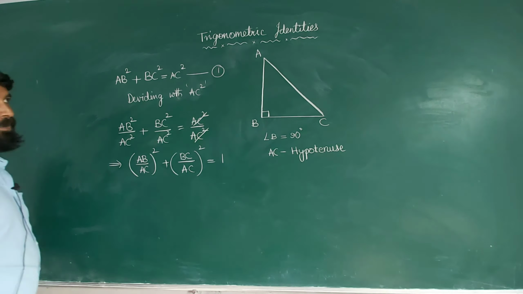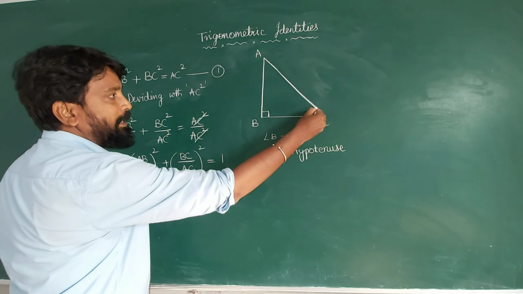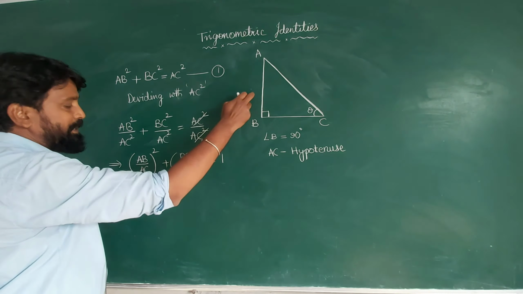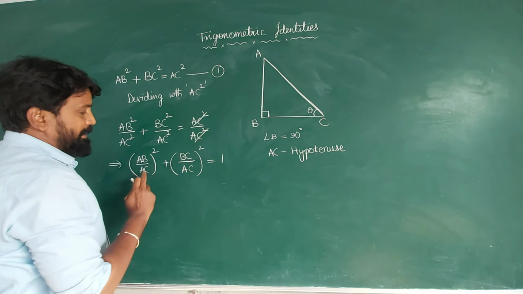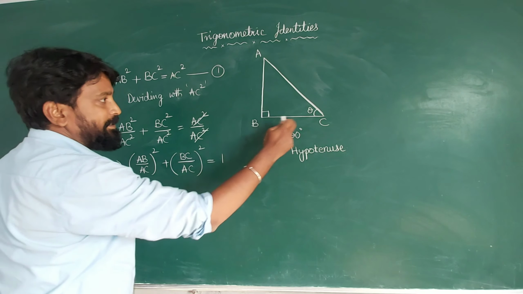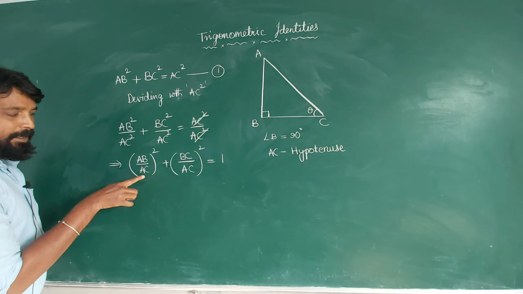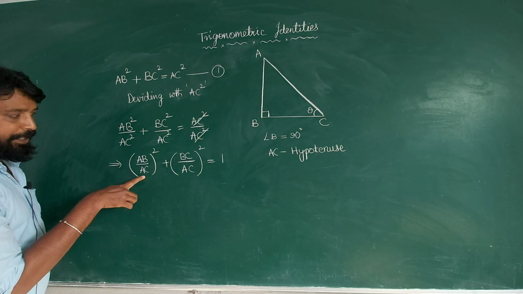So AB by AC means, for example, here we are taking theta, then AB is the opposite side, AC is the hypotenuse and BC is the adjacent side, right? AB opposite side by AC hypotenuse.